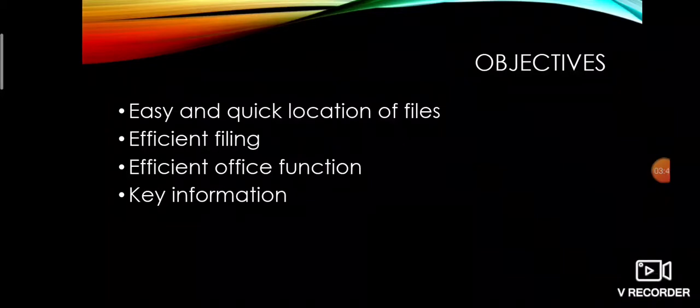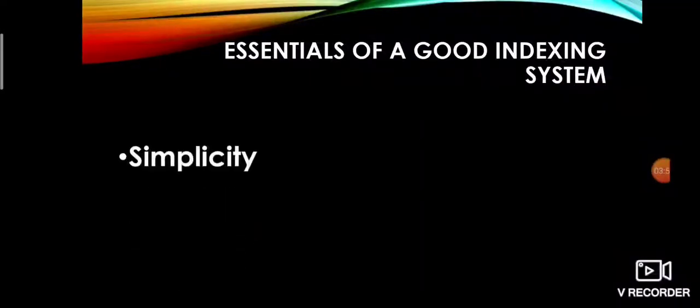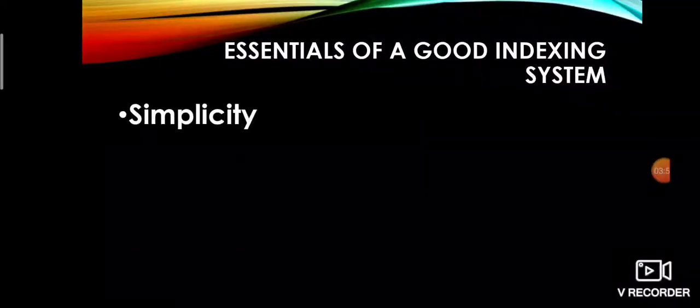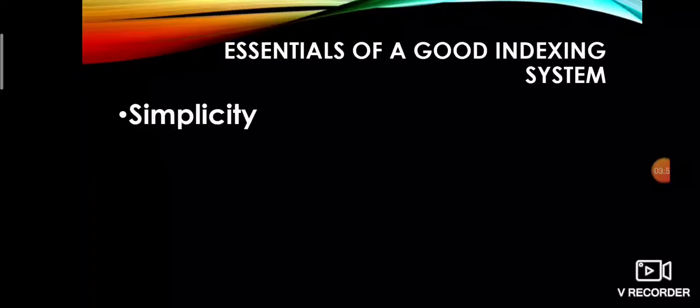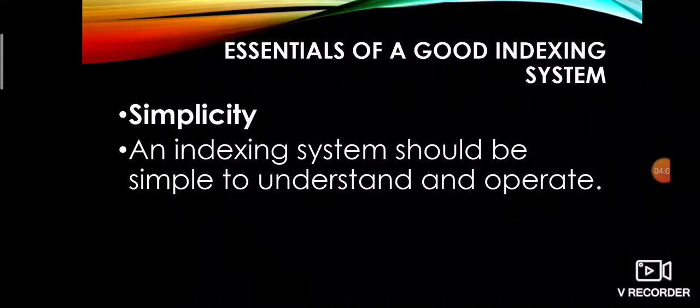Now, what about the essentials of a good indexing system? Number one here is simplicity. An indexing system should be simple to understand and operate, and it should not involve unnecessary complexity in operation. Kumbaga, it's about parsimony.